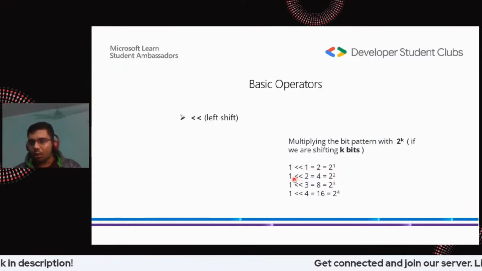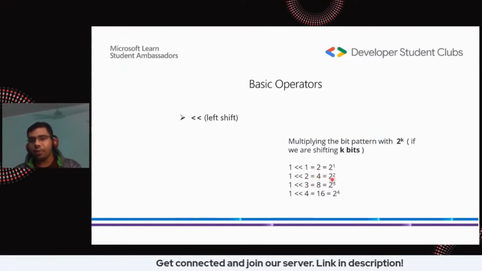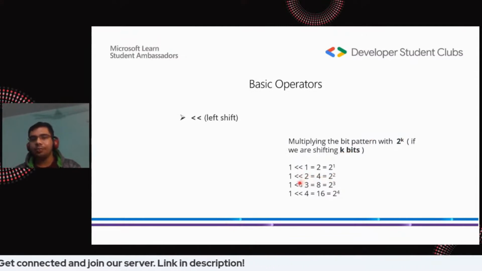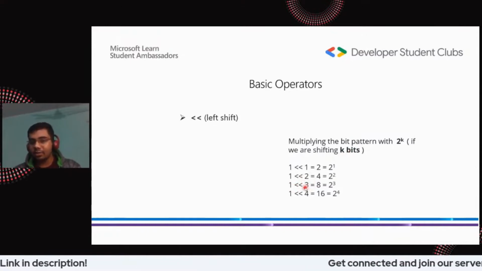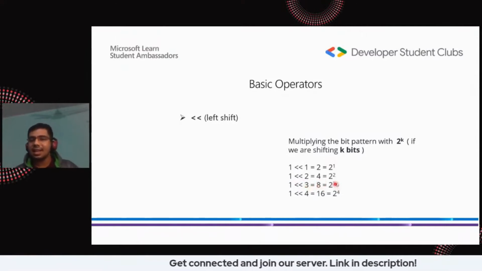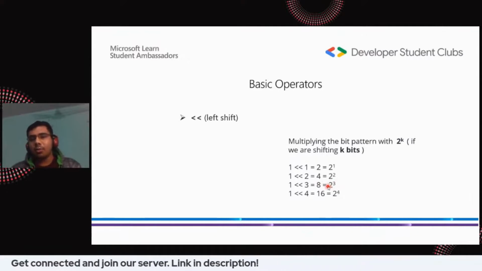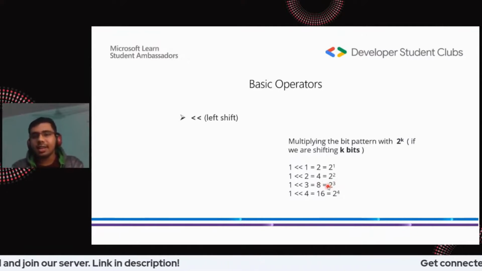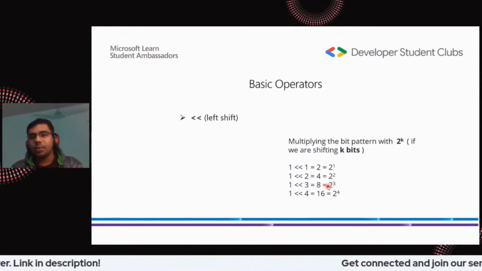If we have 1 and left shift it by 2, this is 4, which is 2 to the power 2, because k is 2 here. If we left shift 1 by 3, this is 8, 2 to the power 3. Similarly, 1 left shifted by 4 would give you 16, 2 to the power 4.